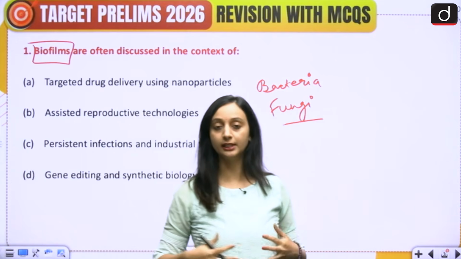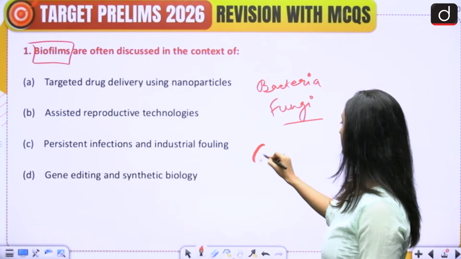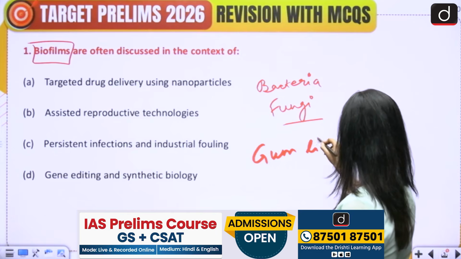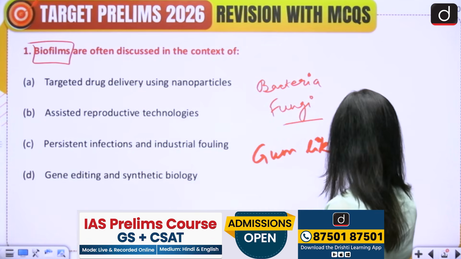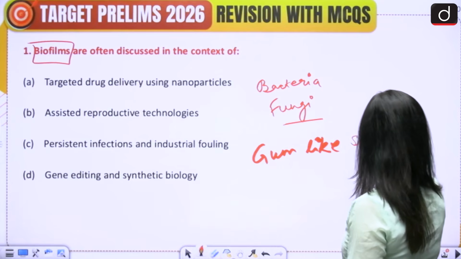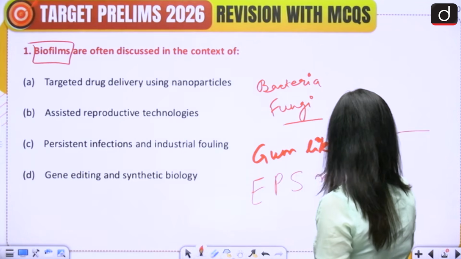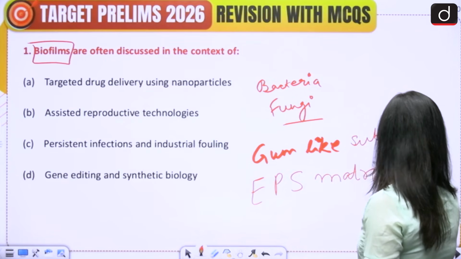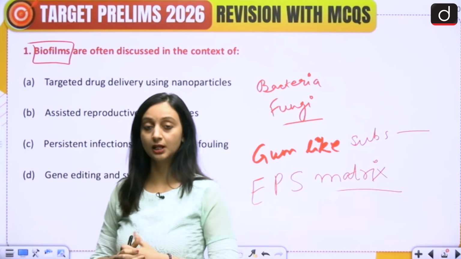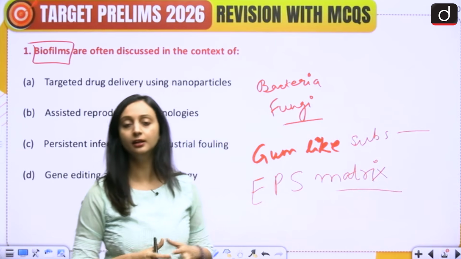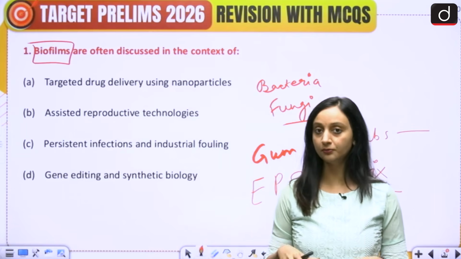They are very closely knit, sticking to each other due to the presence of a gum-like substance, which is the EPS matrix. The EPS matrix is that glue-like substance holding the microbes together, and it is also a protective film for the community of microbes.